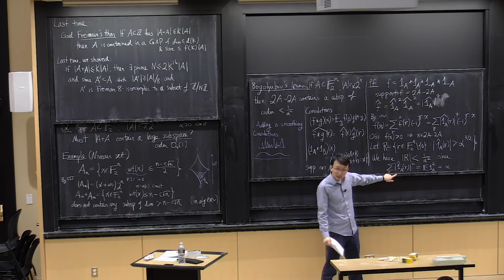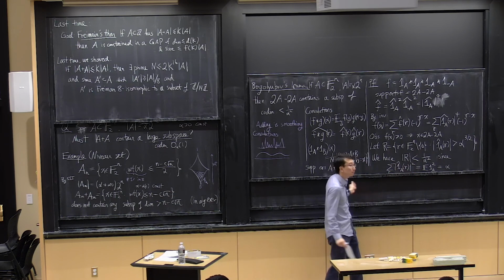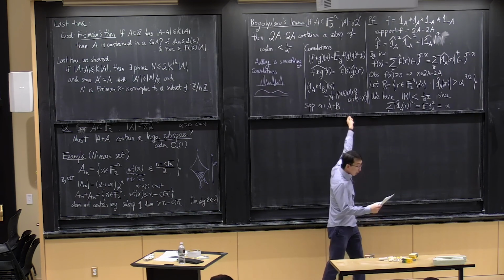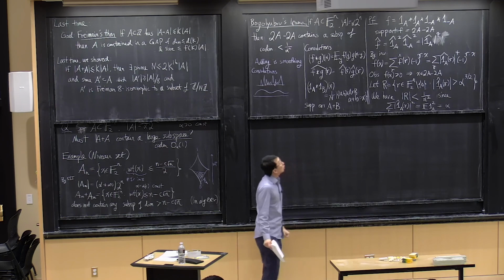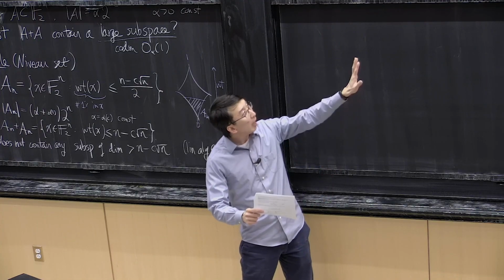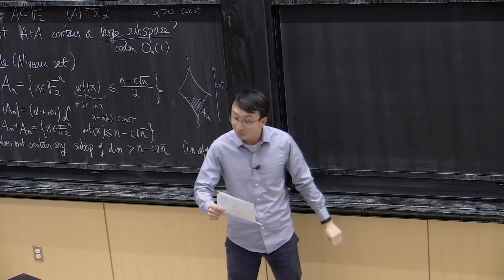So the number of large terms cannot be too many. So we have this small set R on which f has large Fourier transform values.